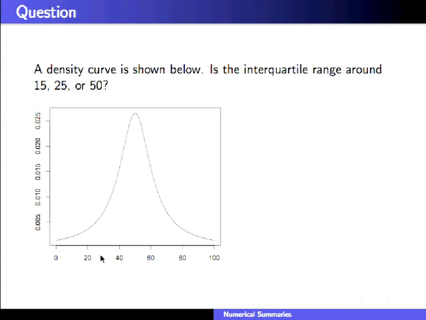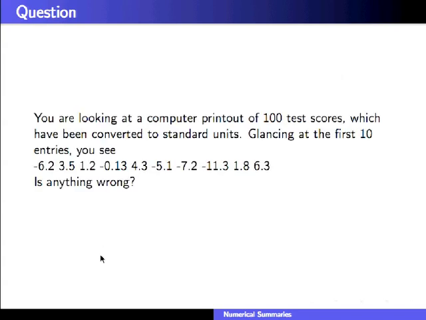One more question, or there's two more, but let's look at this one. You're looking at a computer printout of 100 test scores, which have been converted to standard units. Glancing at the first 10 entries you see minus 6.2, 3.5, 1.2, minus 0.13, 4.3, and so on. Is there anything wrong?